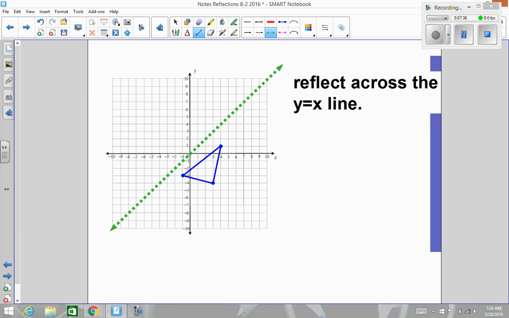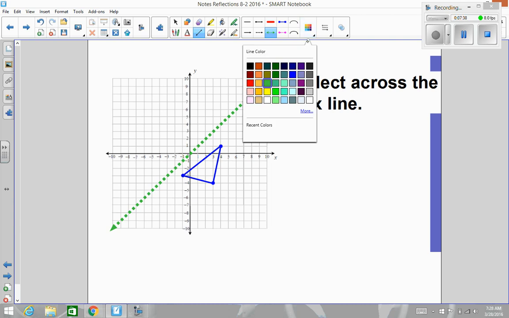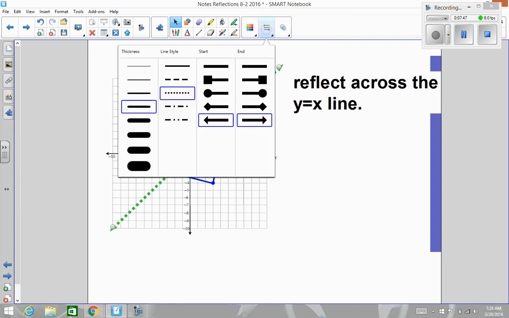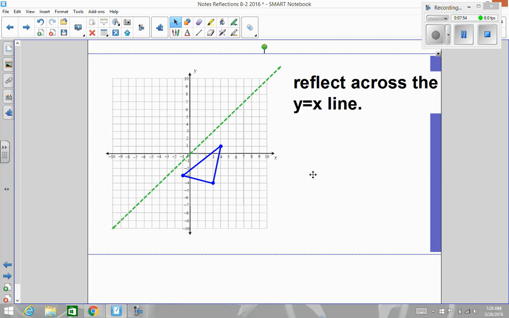And this is the line y = x. All right, so this is line y = x.